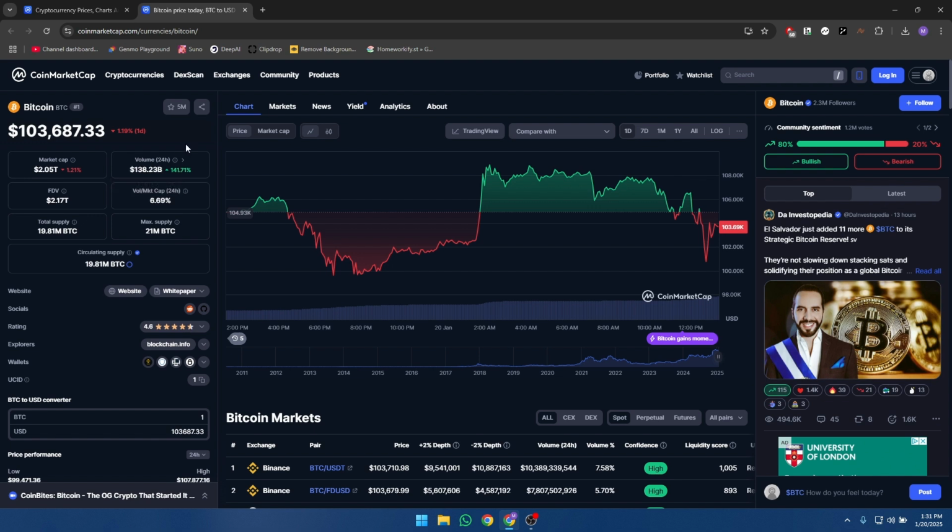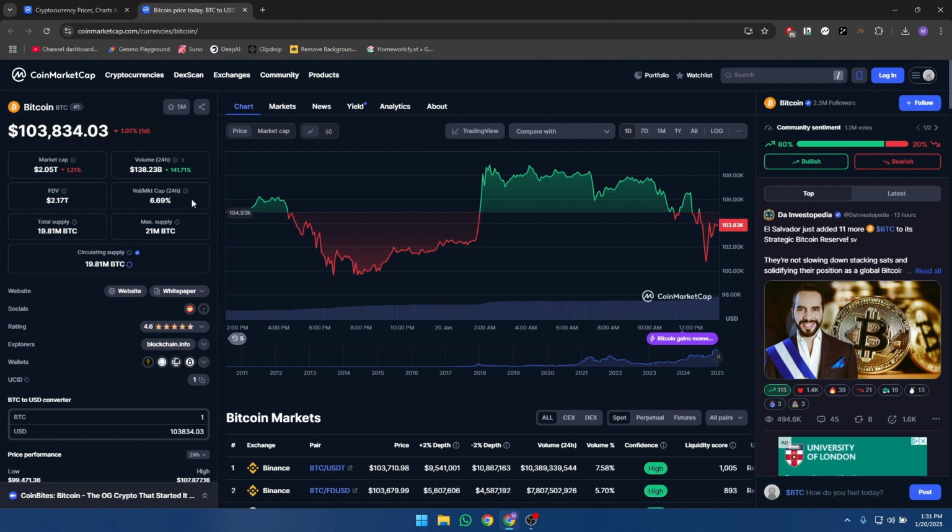In simple terms, FDV would be the fully diluted market cap, meaning if all of the Bitcoin is in circulation, which would be 21 million Bitcoin. In our case, it's 19.81 billion. And if all the tokens are in circulation, then the total market cap as of now would be 2.17 trillion.